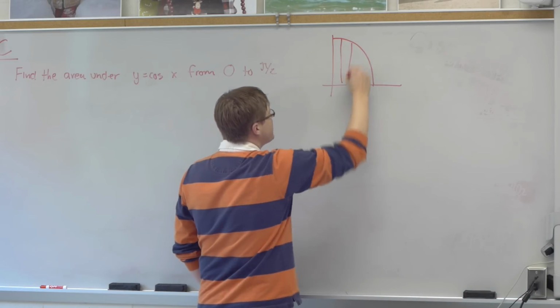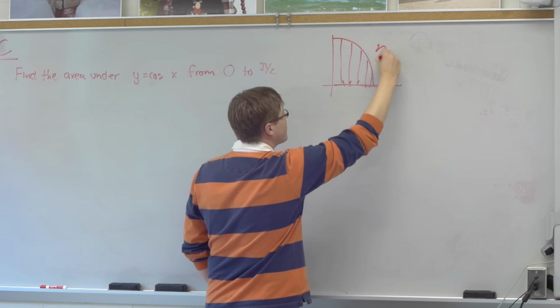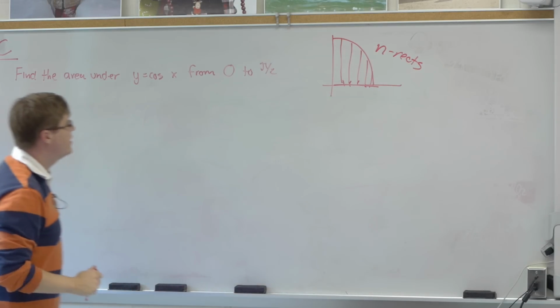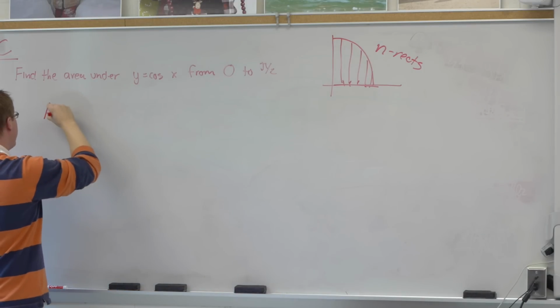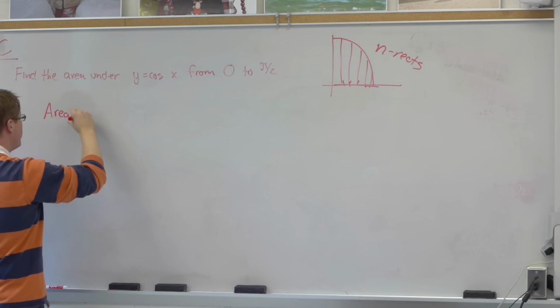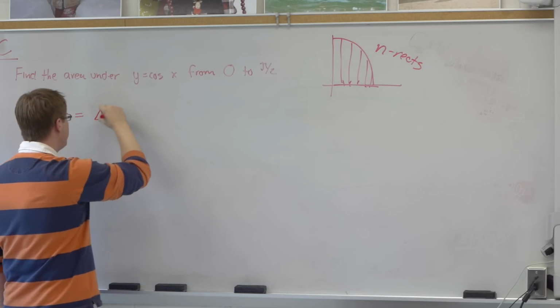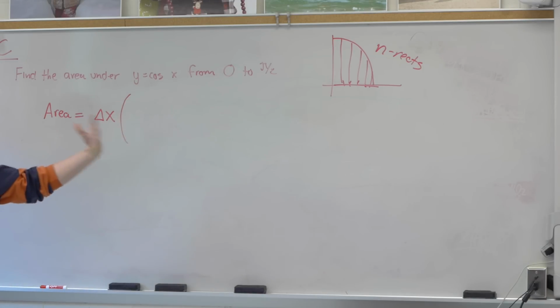So if I chop this up into a few rectangles, the area equation that I would get from doing the Riemann sum would be something like this. And this is like all the ones we got last class. Delta x is the width, and then times all the heights.